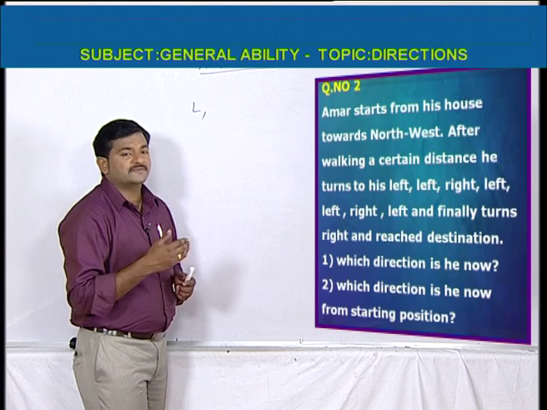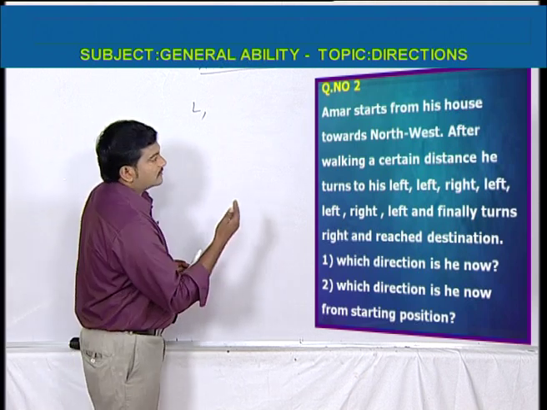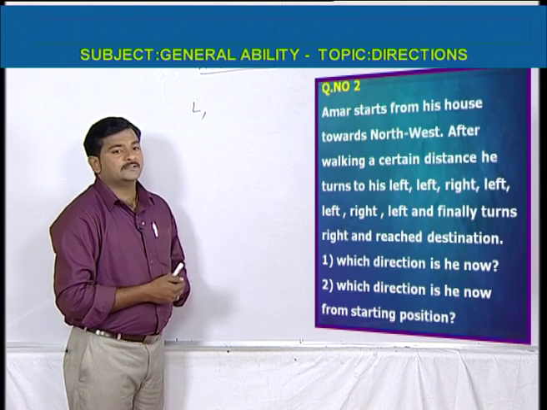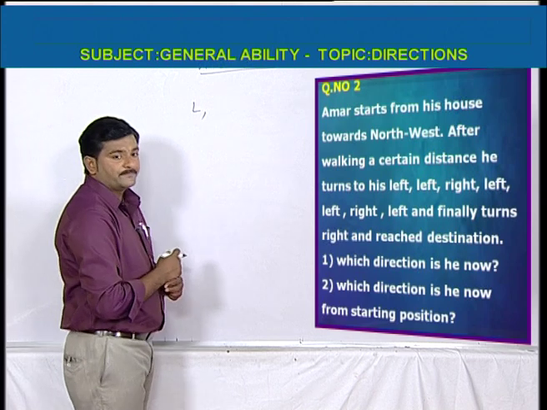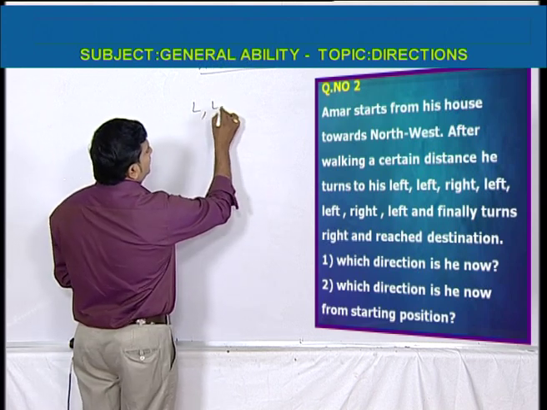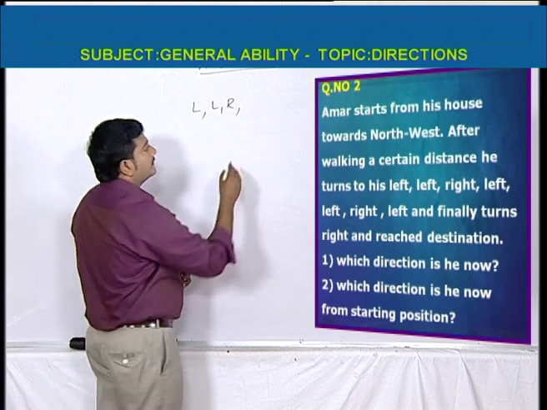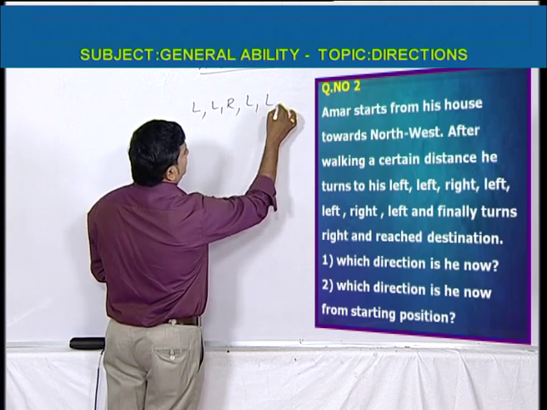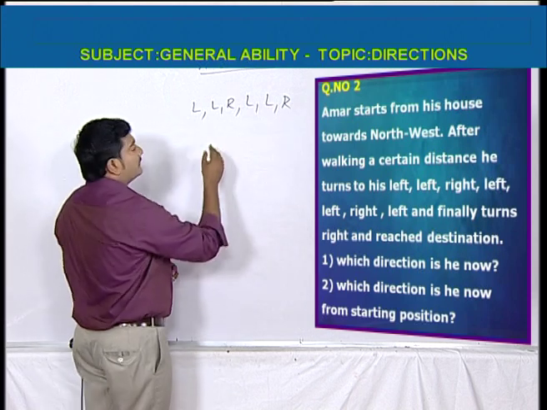Now we list out all the lefts and rights. Amar starts from his house towards northwest. After walking a certain distance, he turns to his left. So one left given, another left given, and a right given. Next again one left, another left, and a right. Then a left given.